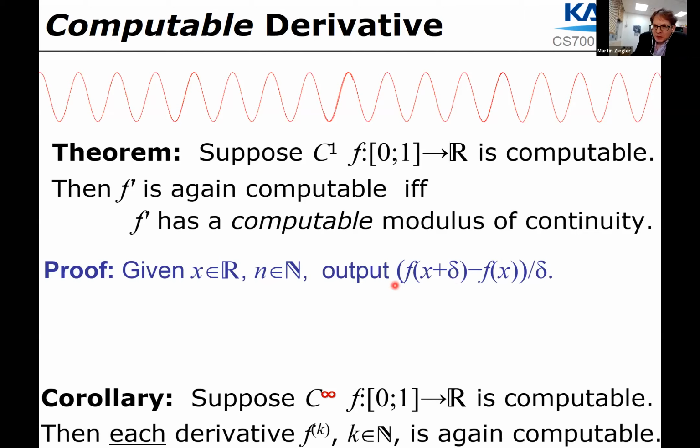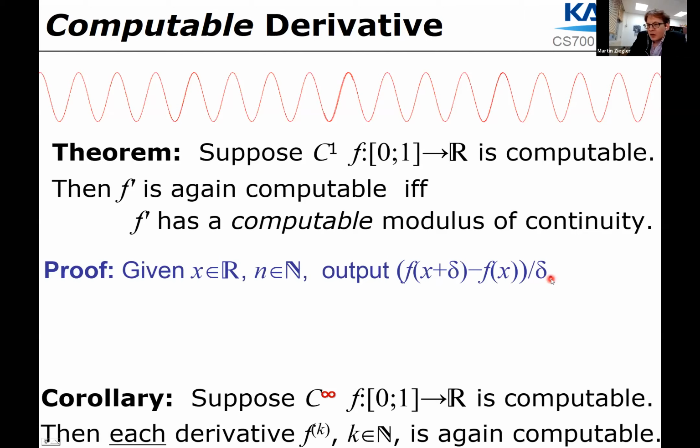So what is this expression? This expression is a difference quotient, right? So this is f of x plus delta minus f of x, divided by delta. And as you know from basic calculus, when delta tends to 0, this quotient tends to the derivative f prime of x.